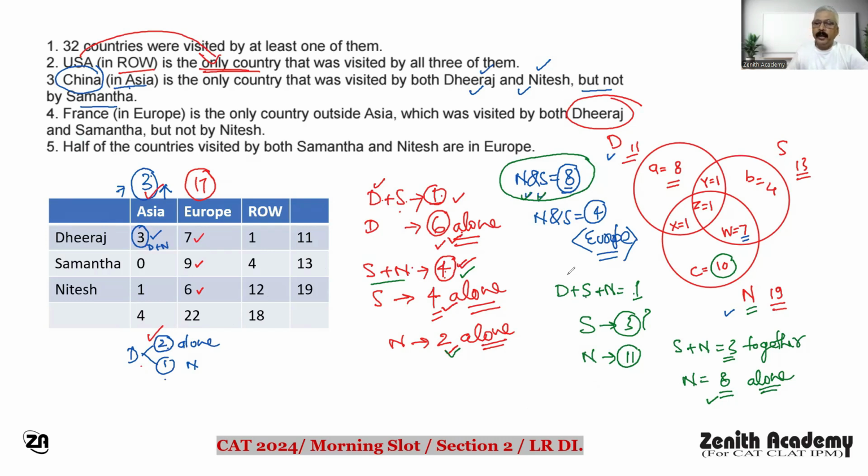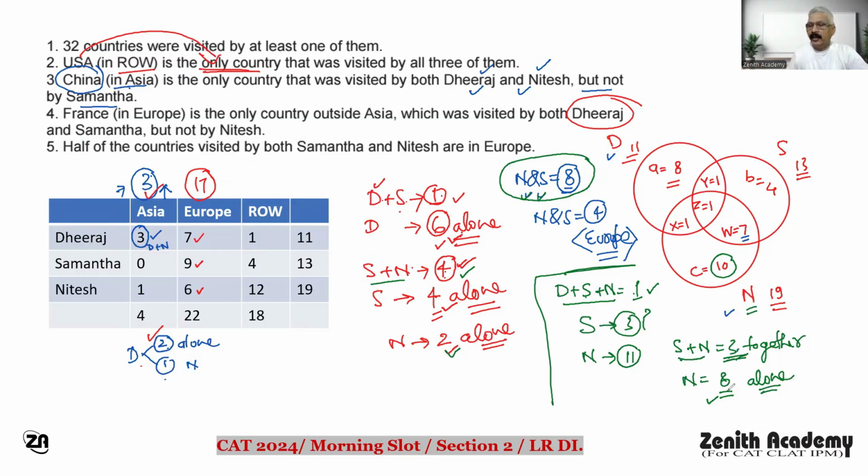And now look here, in the rest of the world, 1 country where all of them are going together, 3 countries where Samantha and Nitesh are going together, so 1 plus 3, 4, and 4 plus 8.